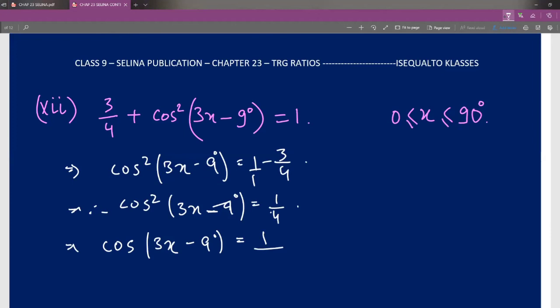That will be equal to 1 upon 2 because the root of 4 is 2. Now we need an angle such that cos of that angle will be equal to 1 upon 2. So that angle will be equal to 60 degree. Therefore 3x minus 9 degree will be equal to 60 degree.